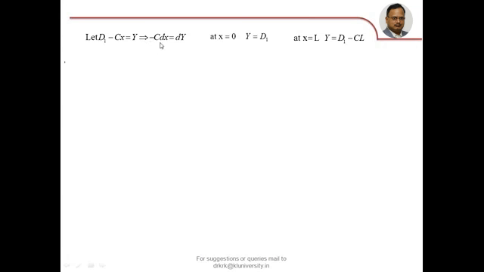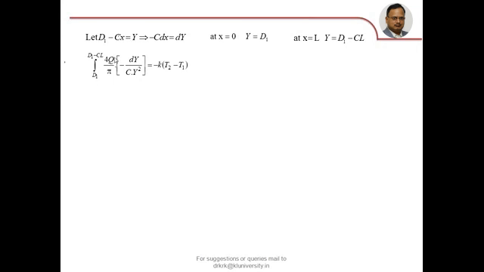At x equal to 0, y is d1. When x is L, y is d1 minus CL. So the limits 0 to L now change for y, from d1 to d1 minus CL. That is the important thing. The moment you substitute d1 minus Cx as y, the limits also change.